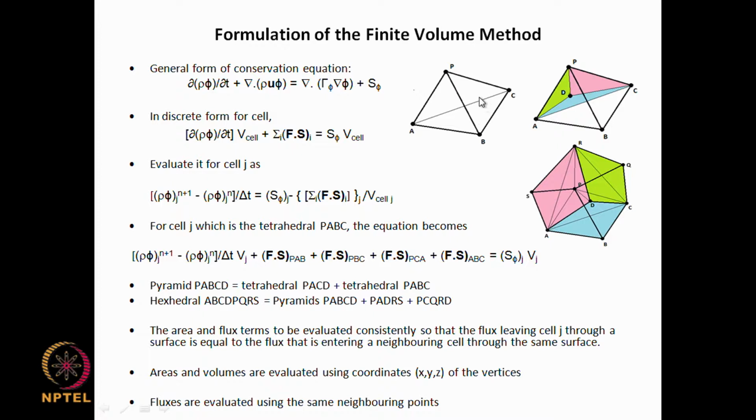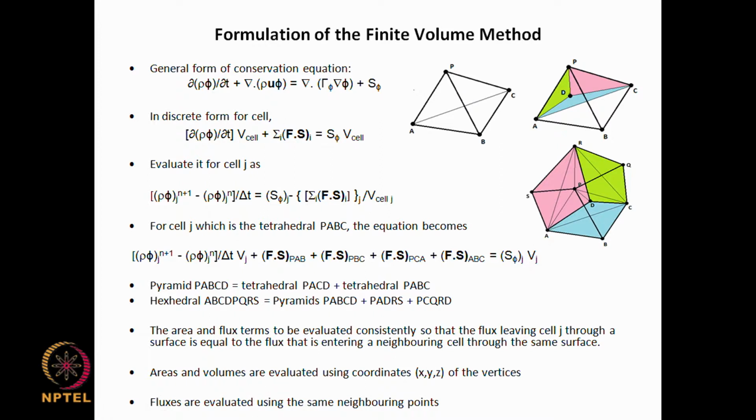Okay. So, now when you write this type of functional equation form, we are talking about a flux which is entering through a face or leaving through a face. Then when we talk about a flux which is leaving through this particular face, it has to go into the neighboring cell, and the amount going into the neighboring cell must be the same as the amount which is leaving this. Otherwise, we have a problem with consistency.